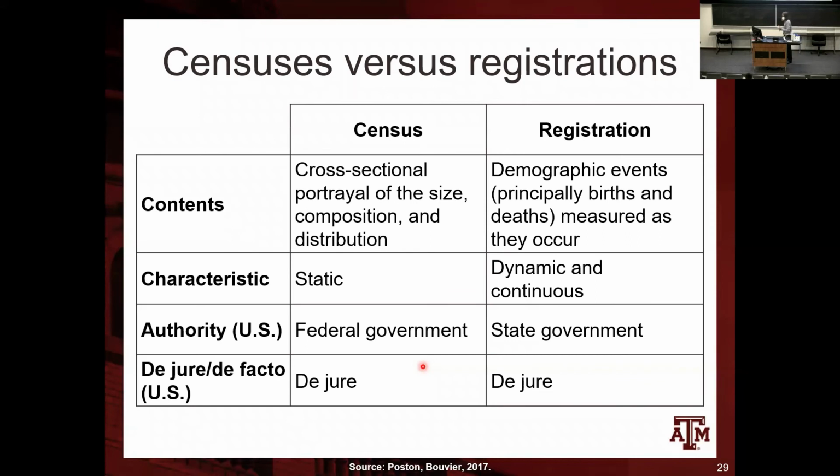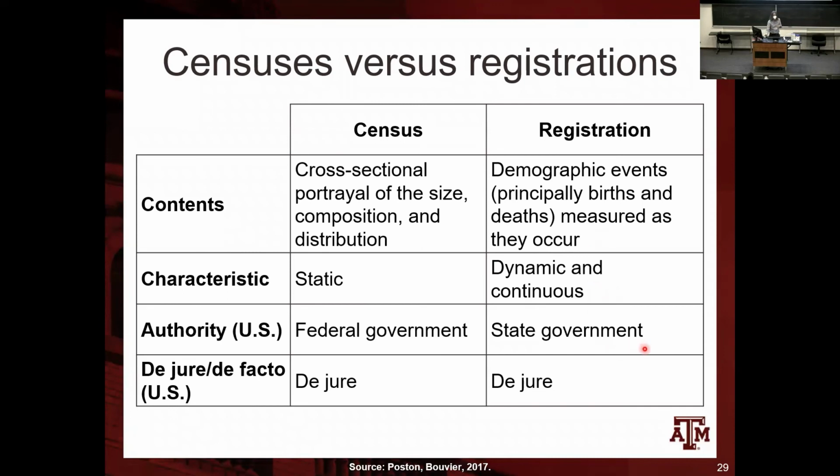In the US, the authority is the federal government, the US Census Bureau. And it is de jure, which means which people were the usual residents in that household on census day, April 1st of that census year. In the registration systems, we measure demographic events like births, deaths, marriage, also divorce, at the time that they happen, right? At the time that they occur. So it's more dynamic, continuous.